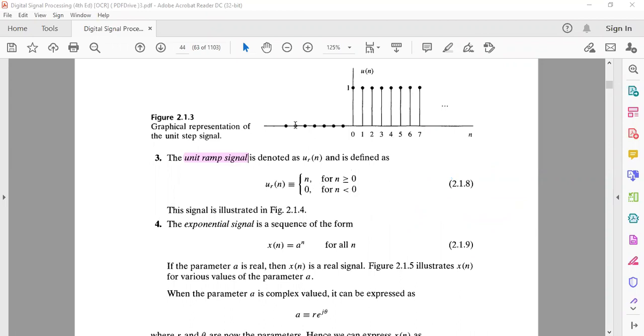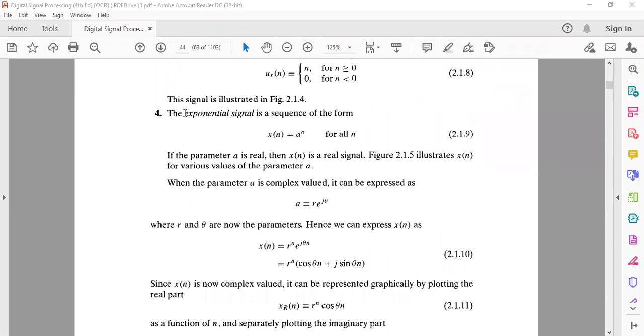The next common signal is the exponential signal. We can remember some exponential signals in the time domain. We have different exponential signals. We have a growing exponential, something like this. We also have a decaying exponential, like that.